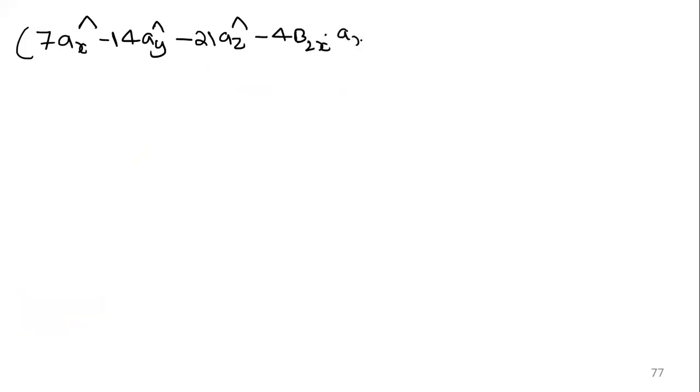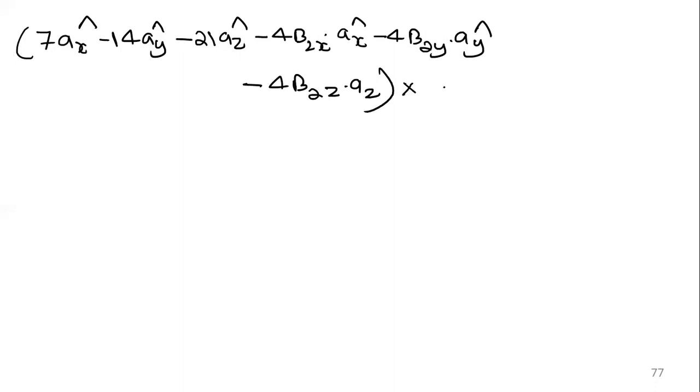Then 7Ax minus, so I am taking the denominator and going ahead. I prefer you to do it on your own rather than copying my steps, but I will solve it here and you do it on your own, then check my steps. So B2y AY minus 4B2Z AZ, and it was the normal component, right?